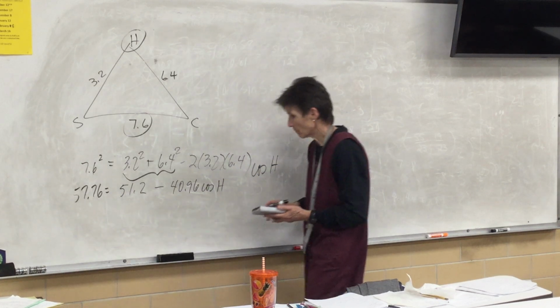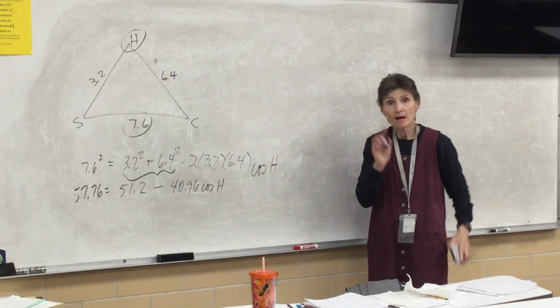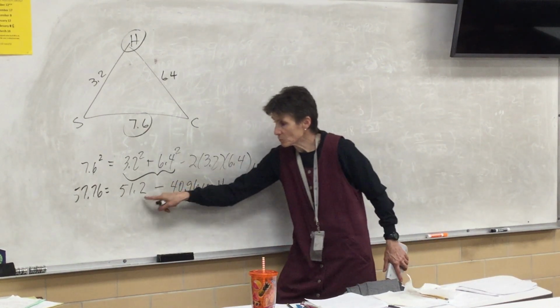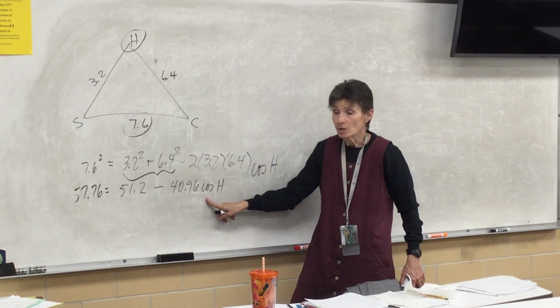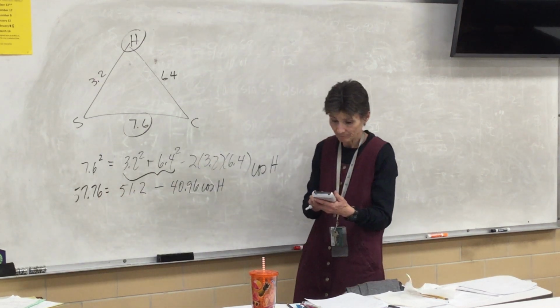Cosine H. Remember, all that is hooked to cosine H. And because of that, you cannot subtract these two numbers. This one does not have an H. These are not like terms. So instead, we're going to subtract the 51.2.